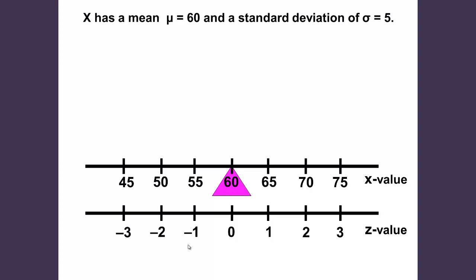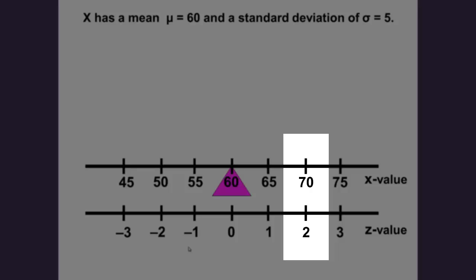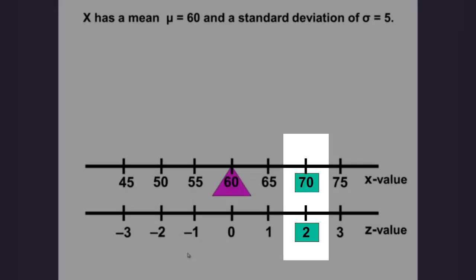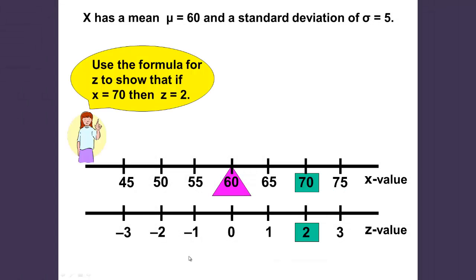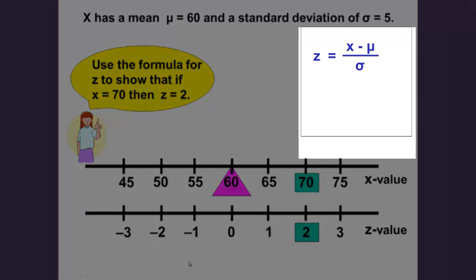X has a mean of 60 and a standard deviation of 5. Using the formula, we will next look at our number line and the x value of 70, which corresponds to a z-score of 2. And we will use the formula for z to show that if x equals 70, then z equals 2.